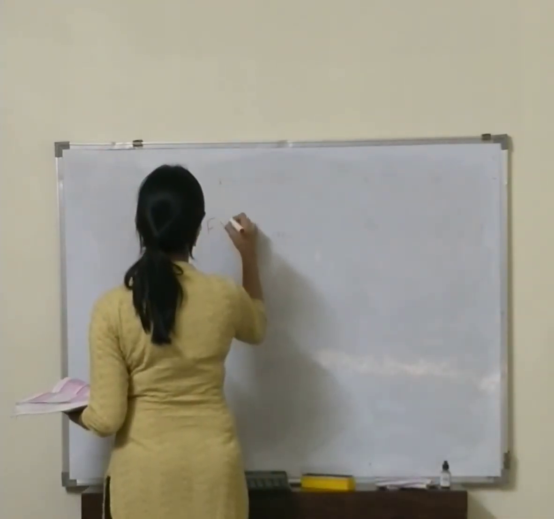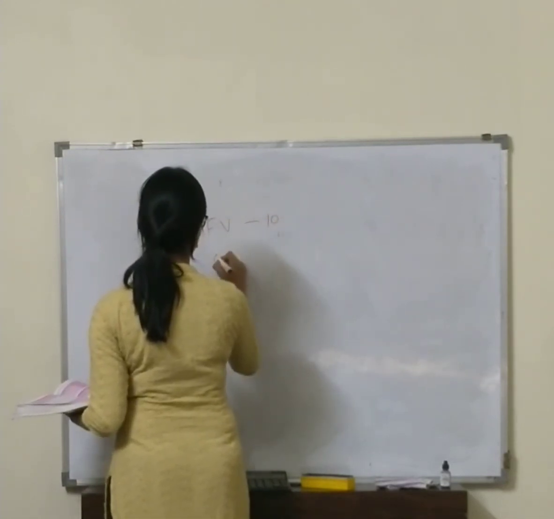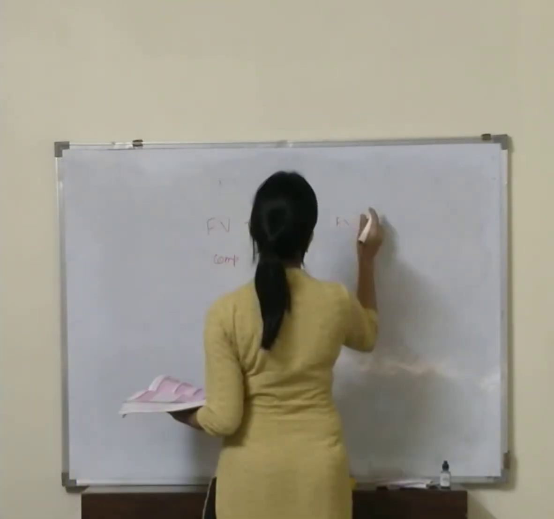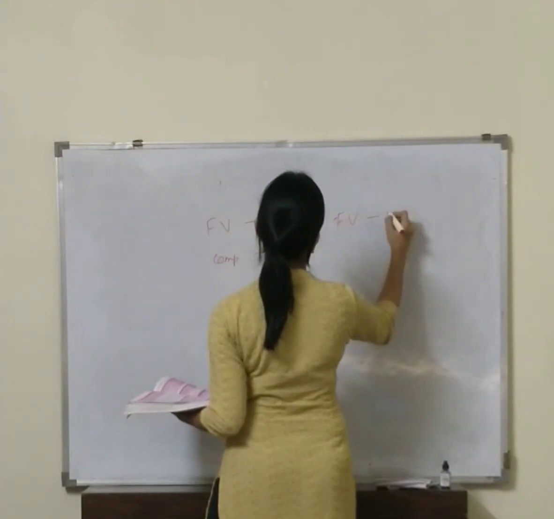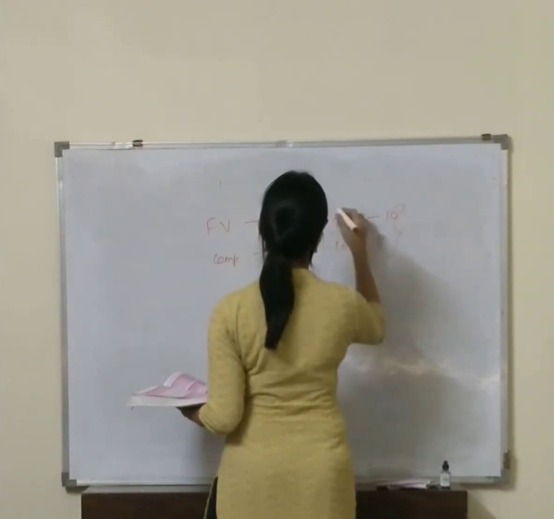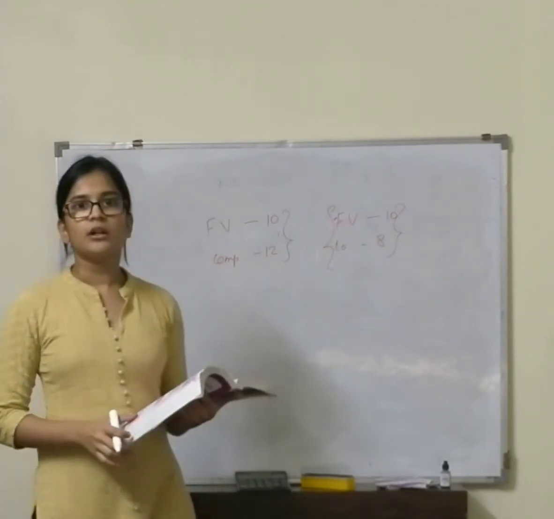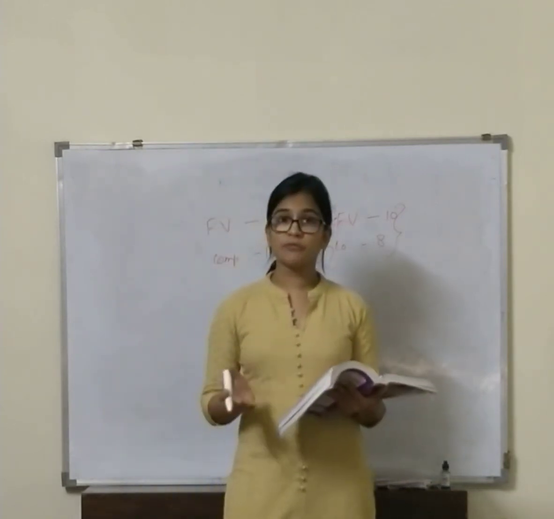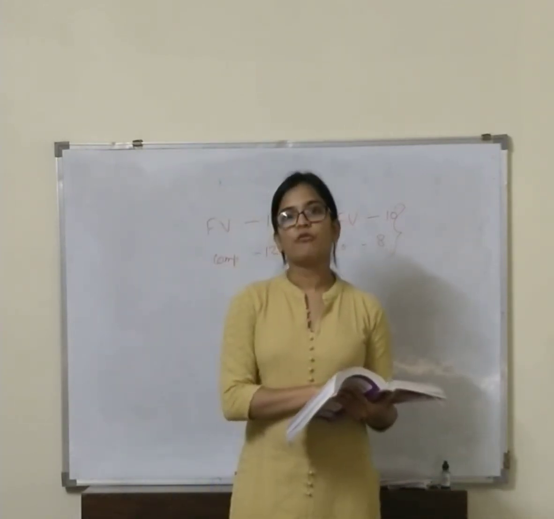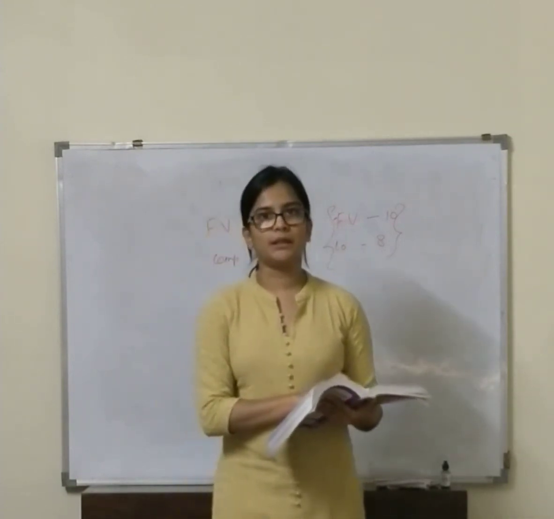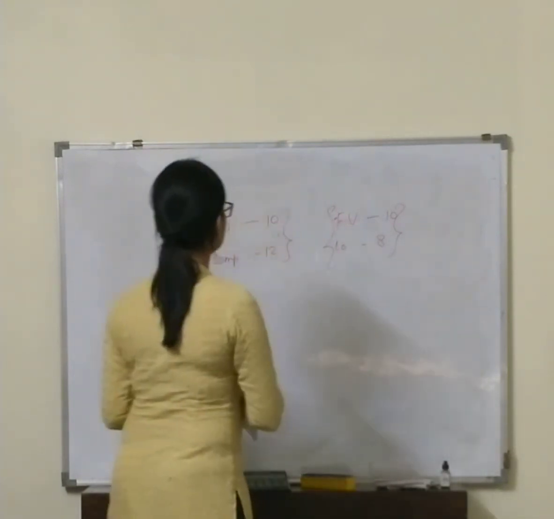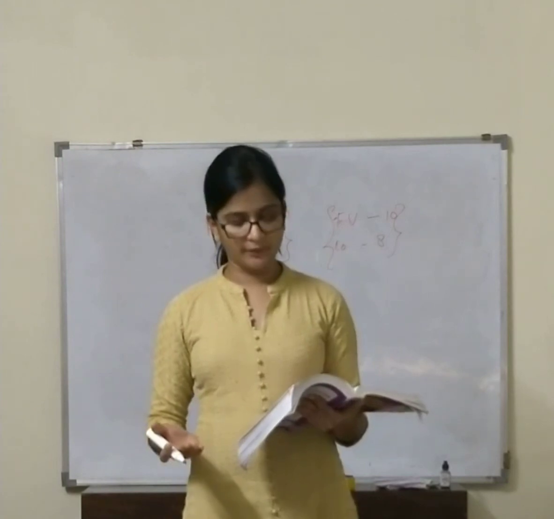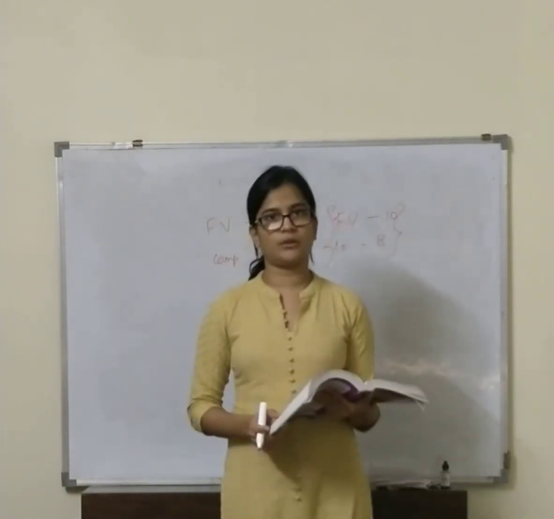If the face value of the shares is 10 and the company gives it for 12, it is a securities premium. But if the face value is 10 and the company gives it for 8, it is a discount, which means the company has a loss. Next, underwriting commission is the commission earned by an underwriter for issuing fresh shares to the company. Clear? That's the reason in the problem we add the securities premium, we deduct the underwriting commission because it's an expense, and we deduct the discount.